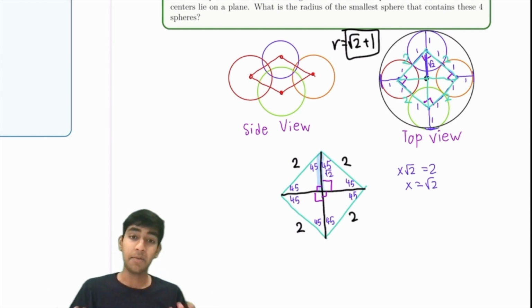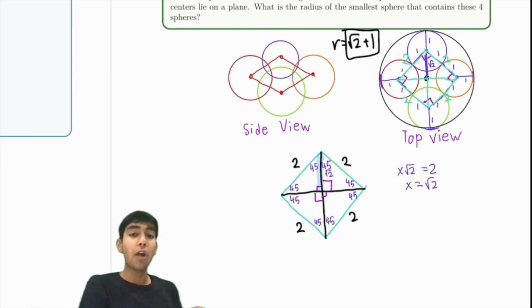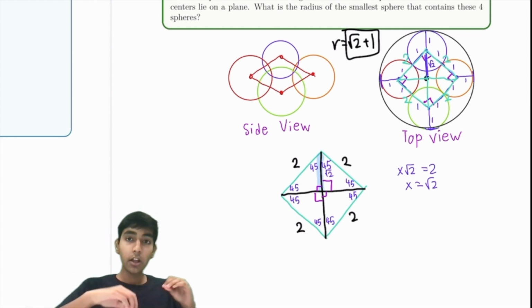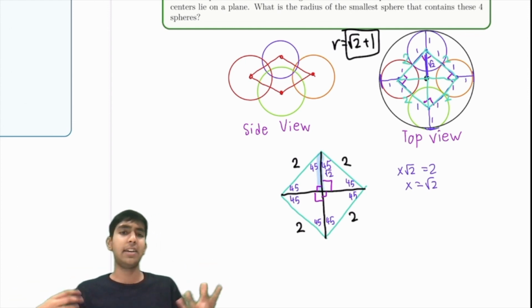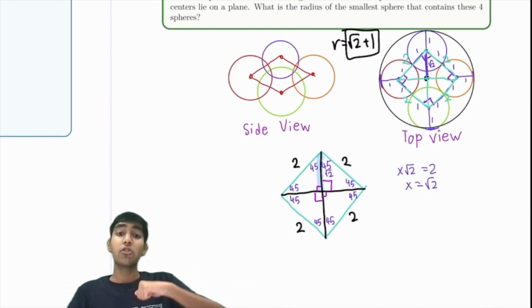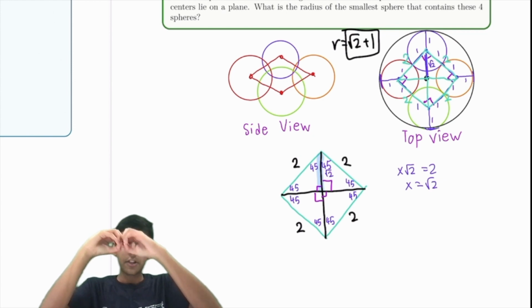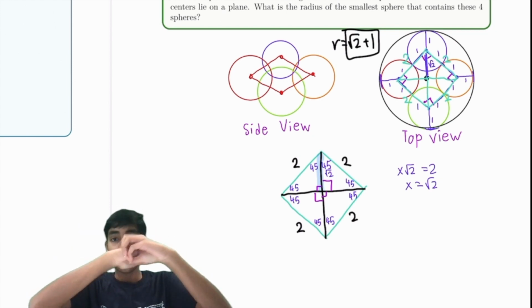3D is complicated. Even for everyone, including me, it's sometimes hard to visualize when the situation is very complicated. Cross sections help make 3D problems 2D problems. So because we've got these spheres and all that complicated stuff, what we did is we took a cross section straight through the middle. So you can imagine 4 spheres. If a sphere is like this, you take it to the middle height.